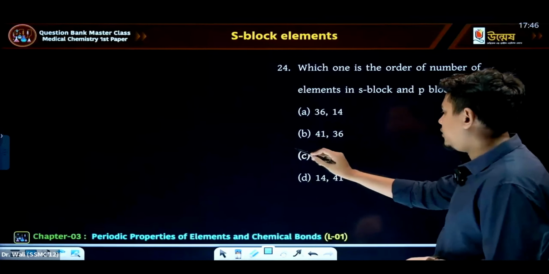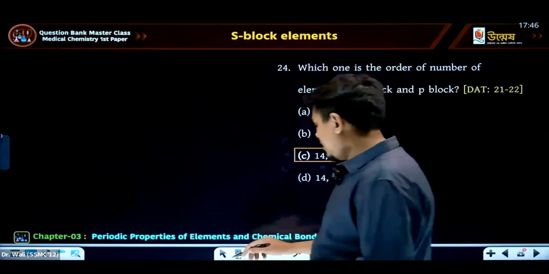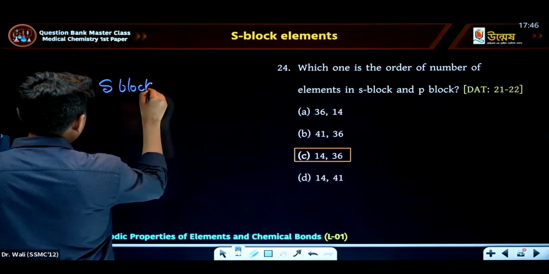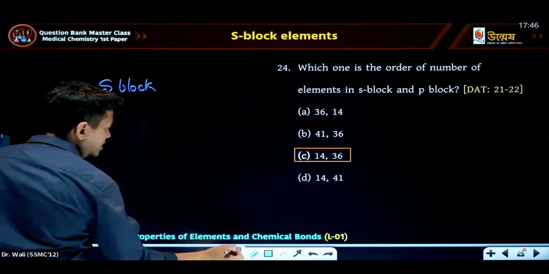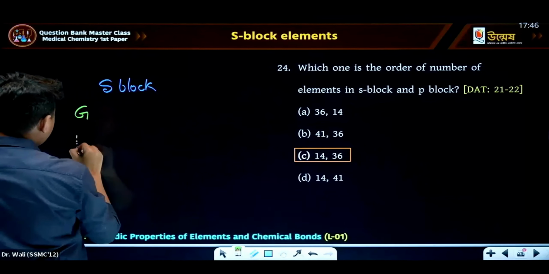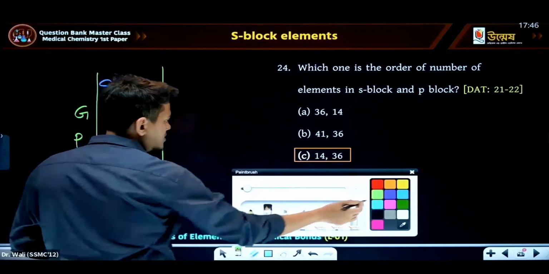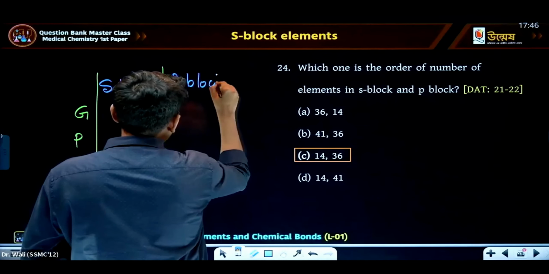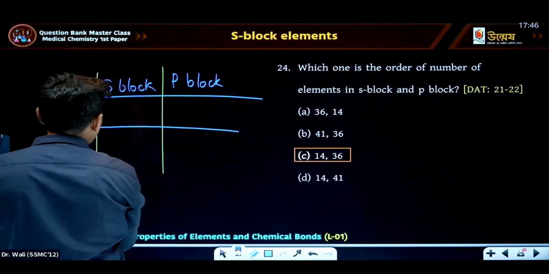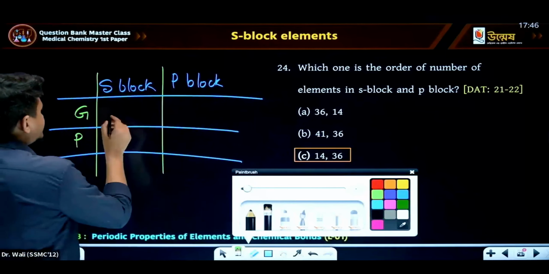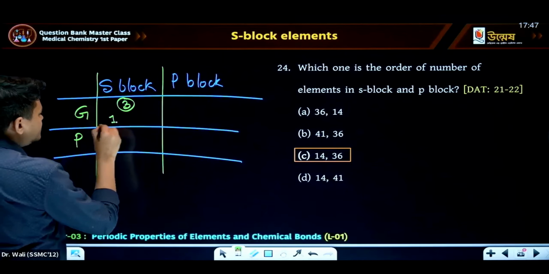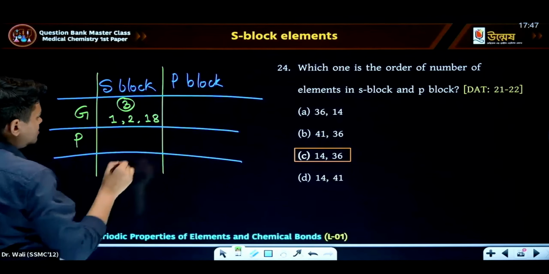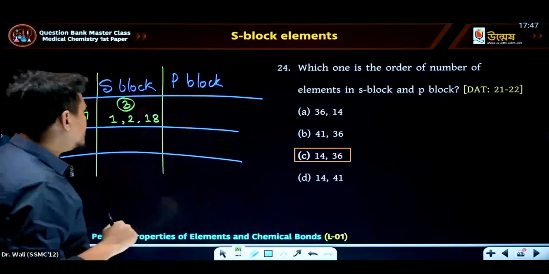We know that the S block has 14 elements and the P block has 36 elements. In the case of the S block, if I note it down this way, number of groups, number of periods, for S block and P block. I can say that the S block contains 3 groups, which are group 1, group 2, and group 18, since helium is also within the S block.